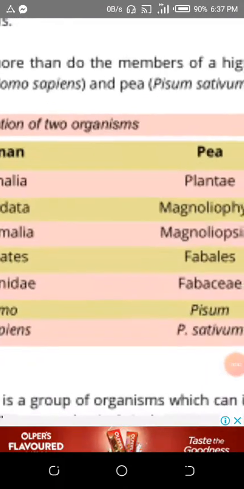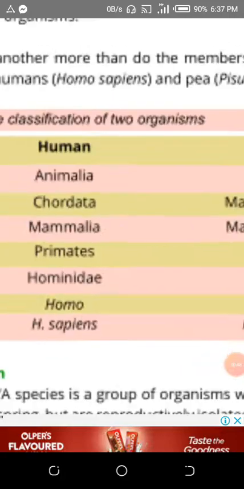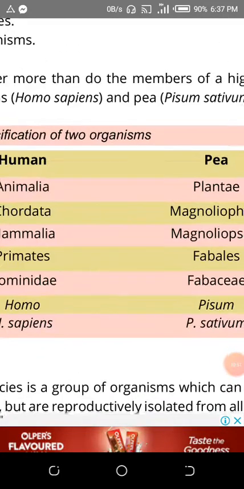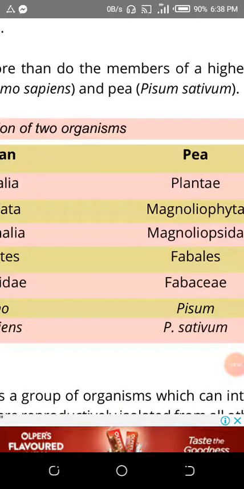These are very important. The kingdom Plantae, the phylum, then the class, then the order, then the family, then the genus, then the species. These two will be part of your syllabus in the federal board. So two living things: one is a human body, one is a pea plant. Scientific name of the pea plant is Pisum sativum.